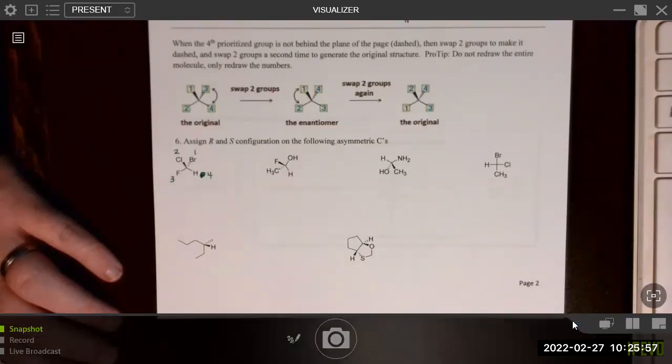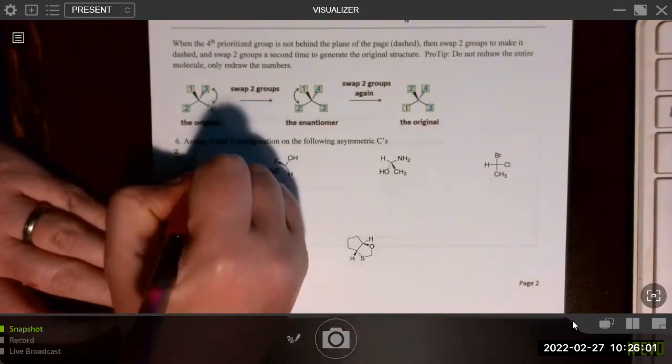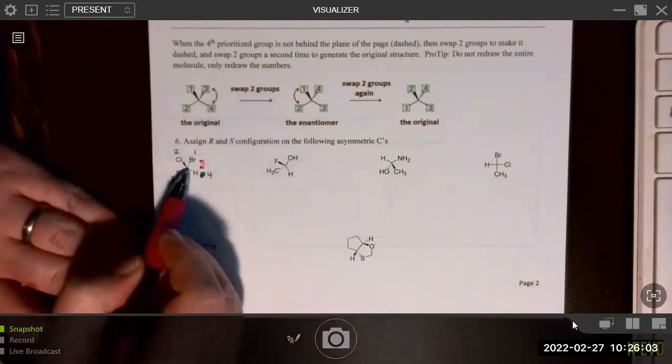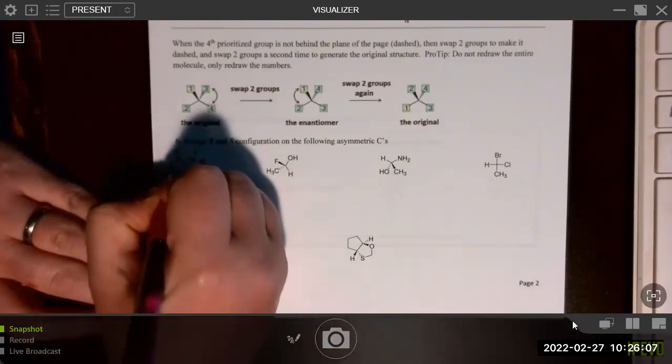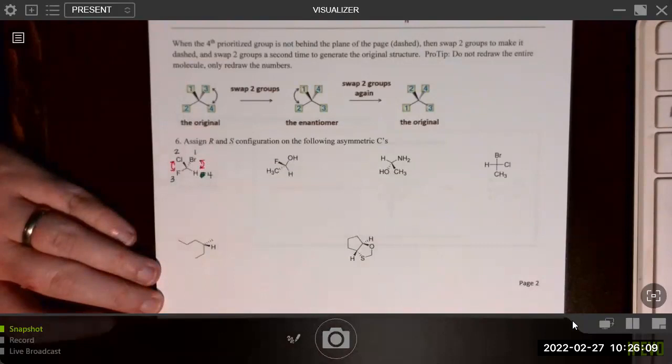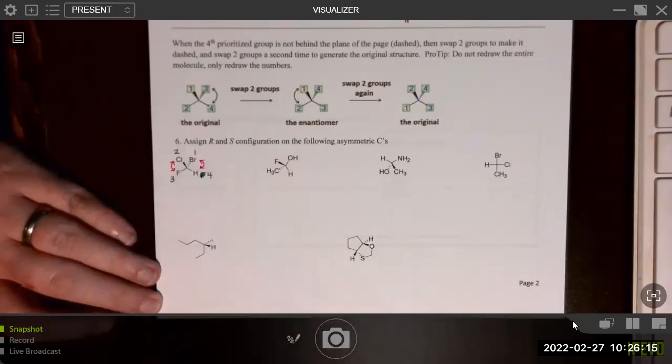So what we can do is some switching. We will switch the fourth priority group with what is currently behind, which is the bromine. And we can also switch the fluorine and the chlorine simultaneously so that whatever we figure out will be the same configuration as the original structure.